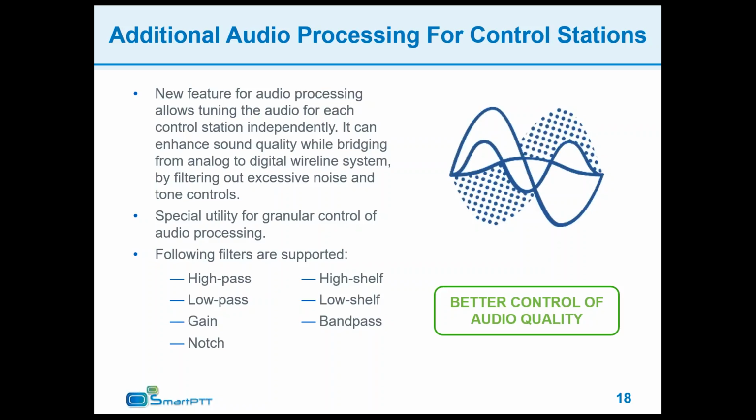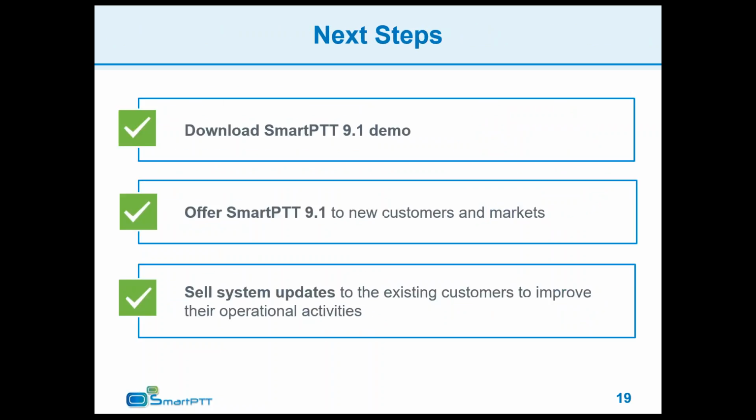That bleed through can affect the audio quality in the bridging process. So we've created a program to let you create different filters to better control the audio quality. We've added high pass and low pass filters, high shelf and low shelf, band pass filters, gain and notch filters.